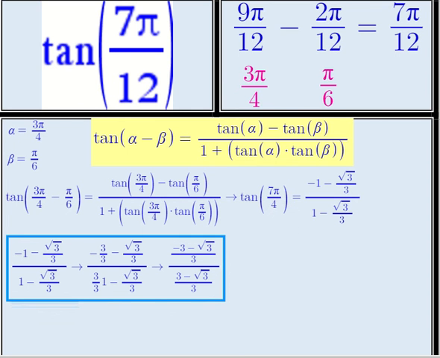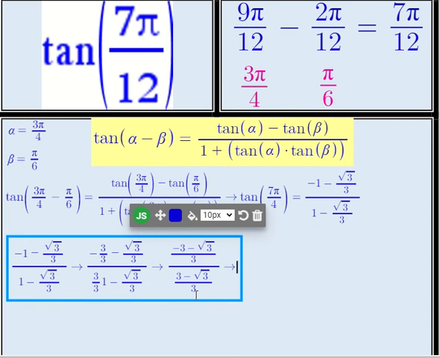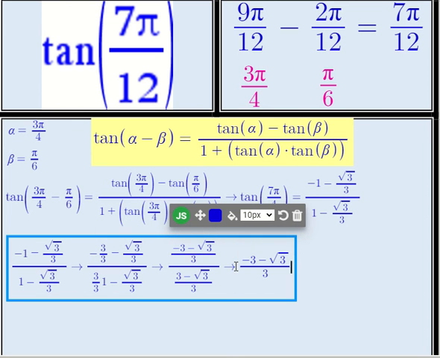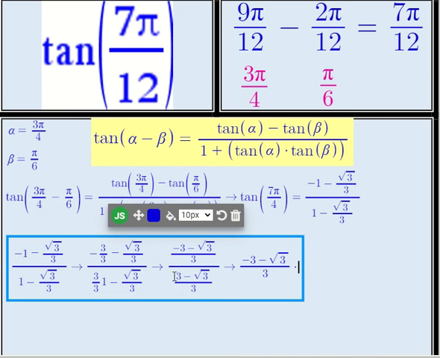And that's where we're going to change this. When we divide fractions like this, we multiply by the reciprocal. So I take our numerator times our denominator, but here we flip it.